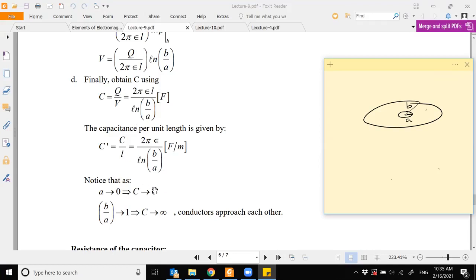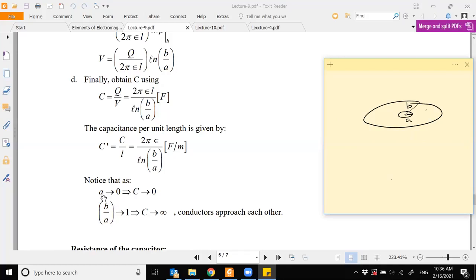Your capacitance will go to 0, which is good. This is what we need to do. But we know very well that you cannot go to almost 0 radius, because your wire will have some thickness, and this thickness is determined by various other things, like the value of the current that it is carrying. But it is giving us an idea that you can reduce A to reduce the capacitance.